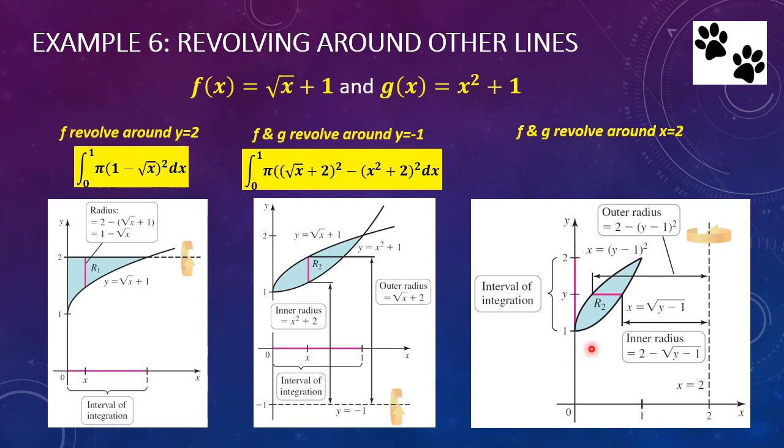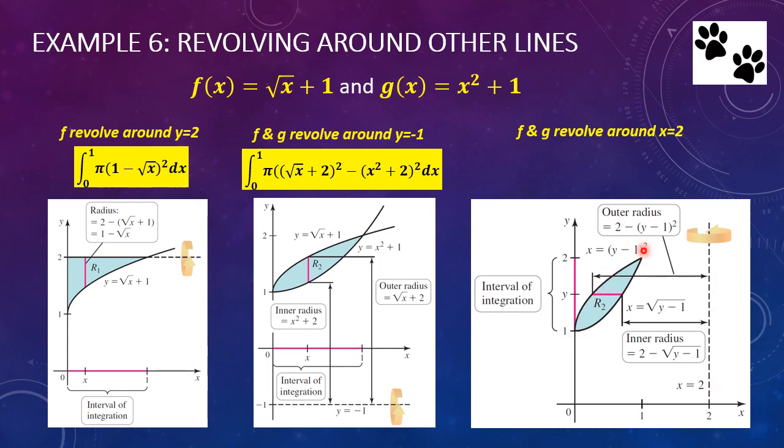So in this case, the radius is going to be from 2. Normally the radius is just this distance, but now we're going to subtract the distance from the y-axis from there. So we have 2 minus the functions, whether it be the outer radius or the inner radius. And you can see that the radius is now from that function all the way to 2, so it's this line, x equals 2, minus these functional lines.